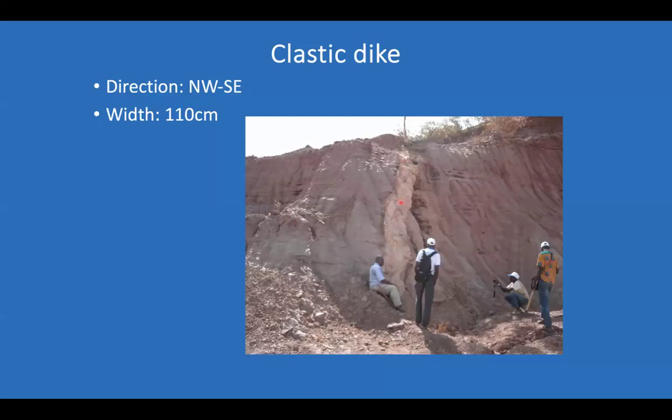And when I saw it, I didn't want to believe it at first, because I've been told and I've been reading that the West African Craton is stable, so there is no tectonic activity. But when I saw it, I knew that this is the proof of an earthquake. That means that an earthquake happened.